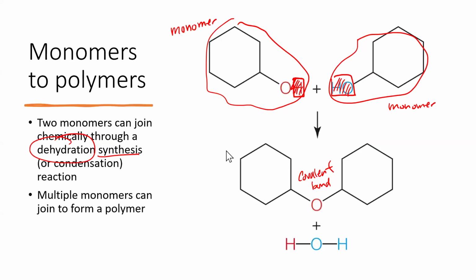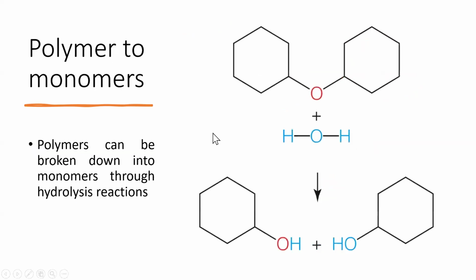Now, if you are able to build them, you should be able to break them as well. So building it requires you to remove a water molecule. Then breaking it would require you to add a water molecule. So in this reaction, we will take the two things that are connected together, we will add a water molecule and we will break them apart.